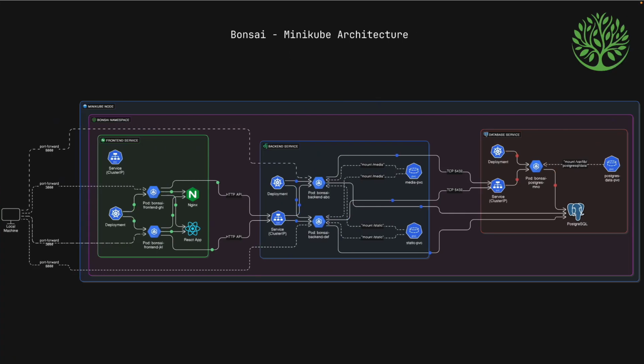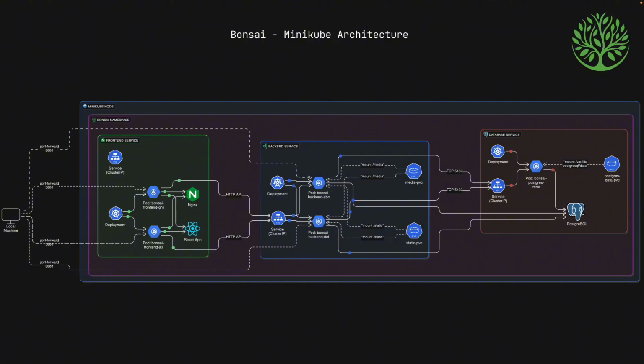This diagram shows how we run the full-stack BONSAI app locally using Minikube. On the left, our local machine connects to the cluster using port forwarding. Inside the cluster, we have three main services: front end, back end, and database. Each service was created as a Kubernetes deployment, and they each have pods and a service that handle traffic inside the cluster.